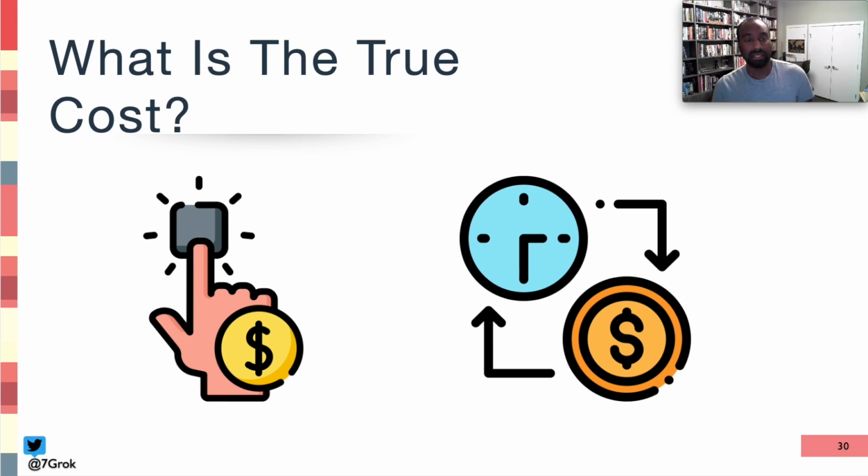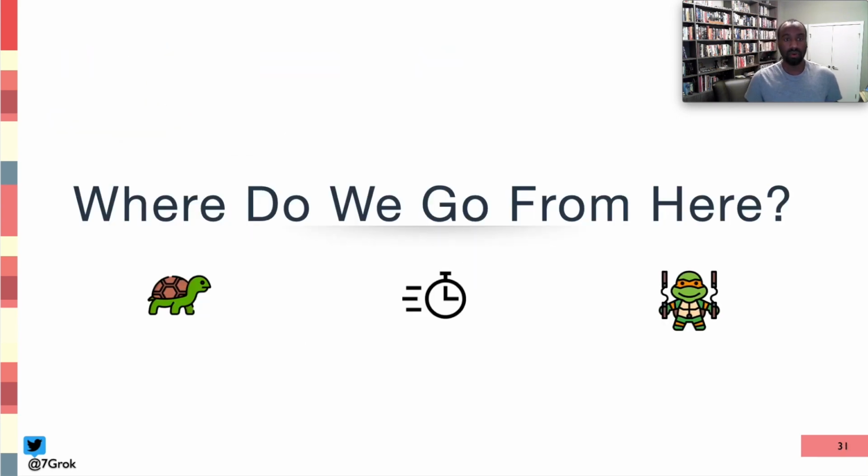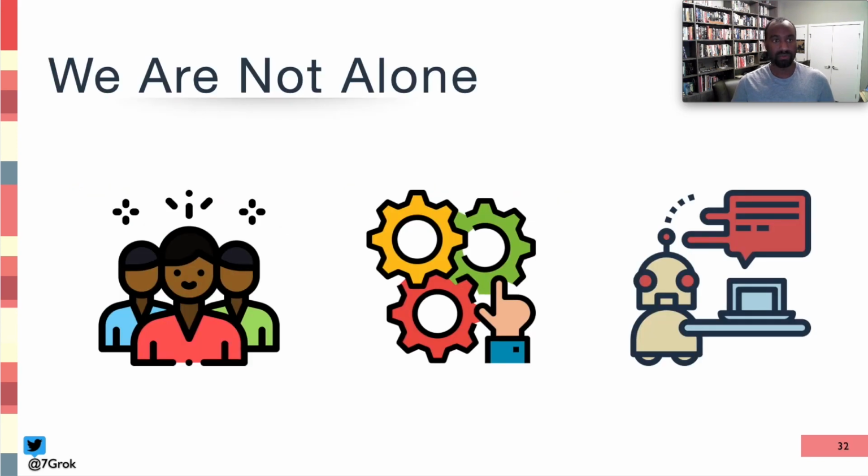I think it's difficult for me to say what they are for any one organization, right? Because they vary and the cost of them is different for everybody. But what we can talk about now is, now that we have all these things to consider, where do we go, right? What can we do? And I think it's important to realize that we're not alone, or at least I'm not alone with these thoughts, right?